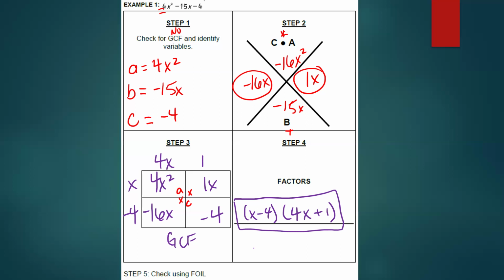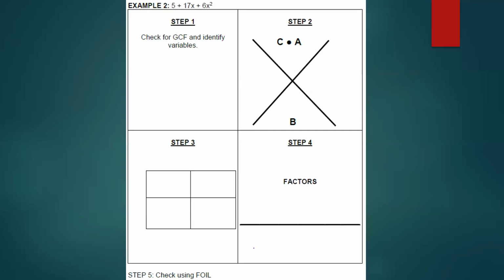All right, let's look at example number 2 and see how we did. In example number 2, was there a GCF? No, there was not. There was nothing I could divide out. My A is always with my x squared, which is 6x squared. My B is always with my x, and my C is the lonely one.